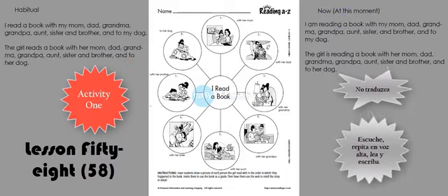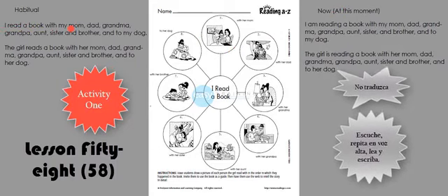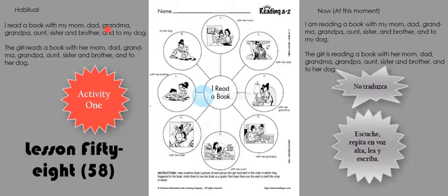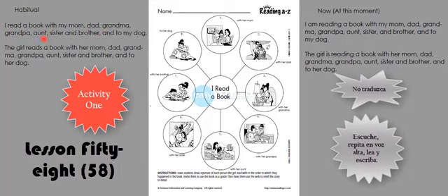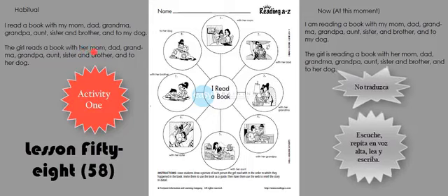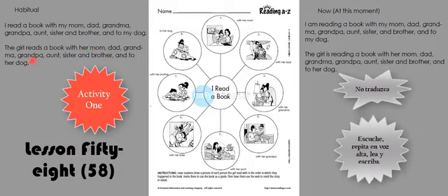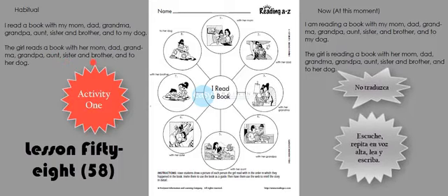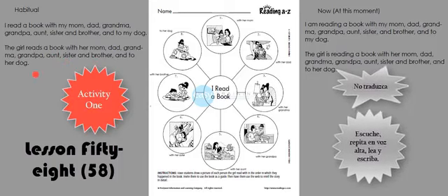Here are the sentences. I read a book with my mom, dad, grandma, grandpa, aunt, sister and brother, and to my dog. The girl reads a book with her mom, dad, grandma, grandpa, aunt, sister, and brother, and to her dog.